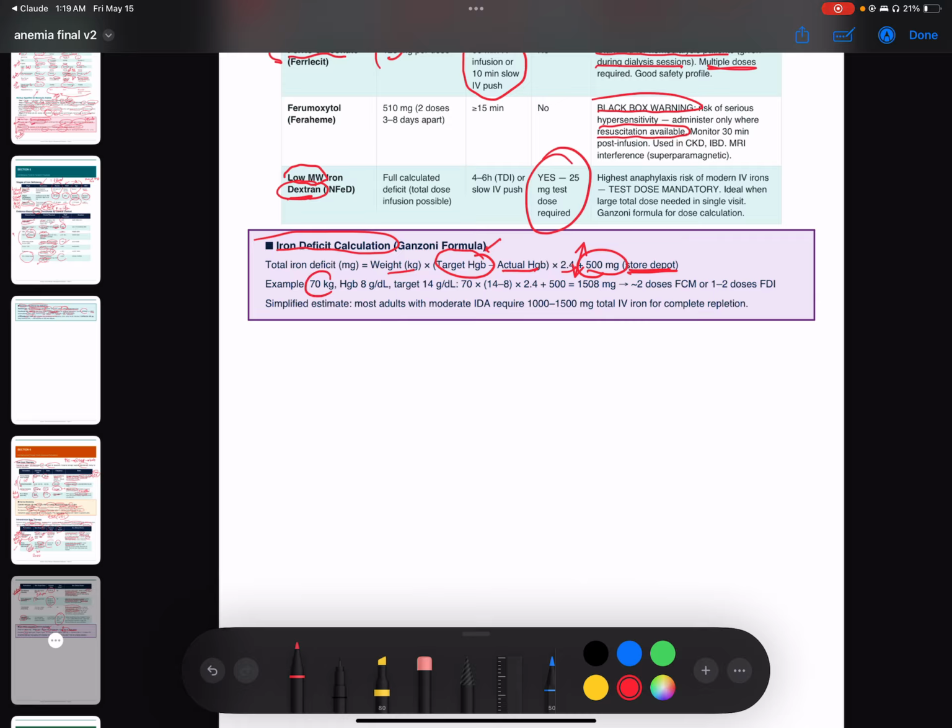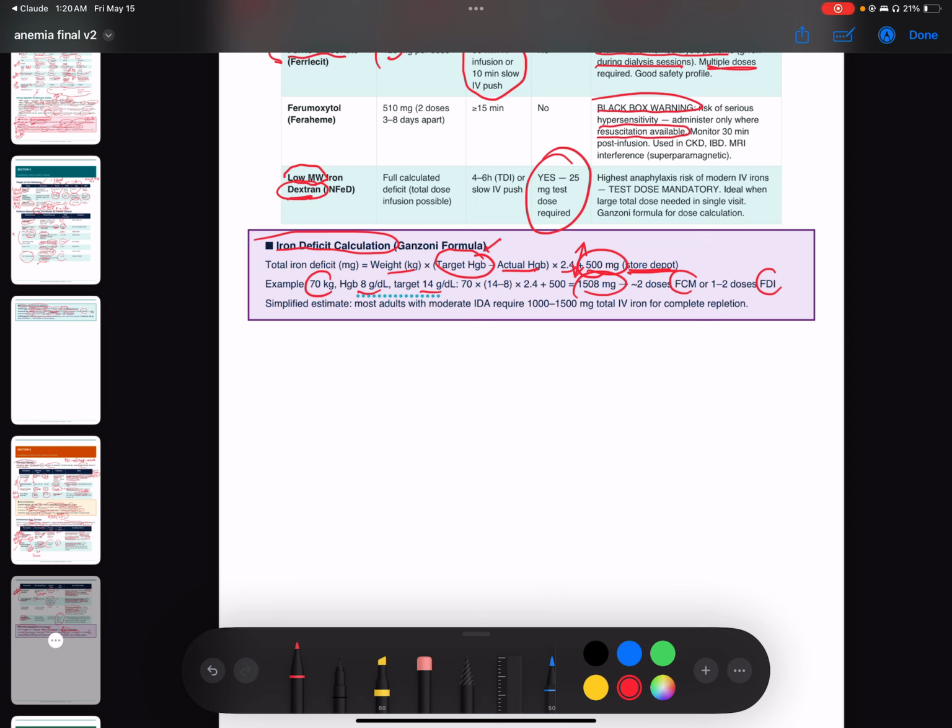So, for example, someone weighing 70 kilograms, their hemoglobin is 8, and you're targeting 14. So you do the equation, and you find they need 1500 milligrams. This is a very high dose, so you need to use FCM or FDI that we're talking about, which allow higher doses.